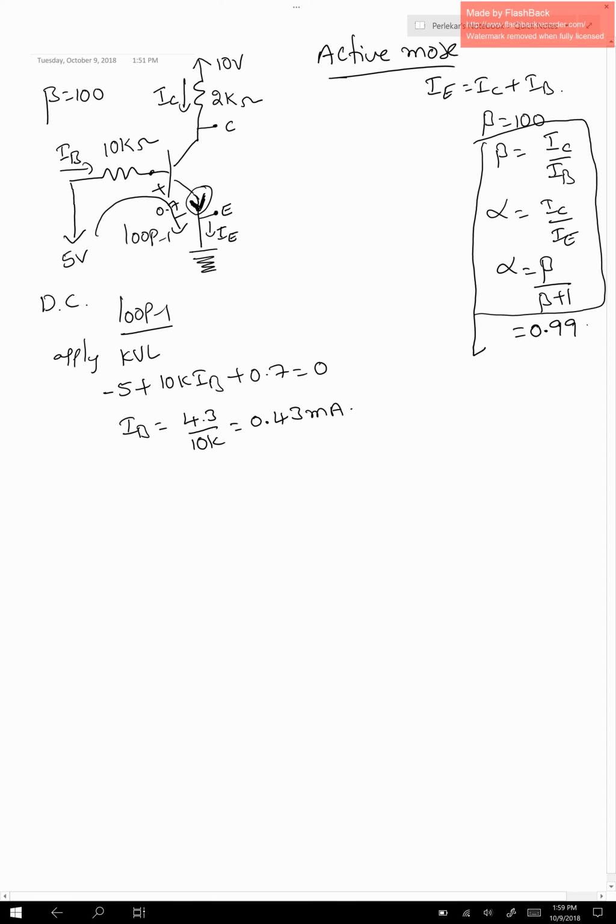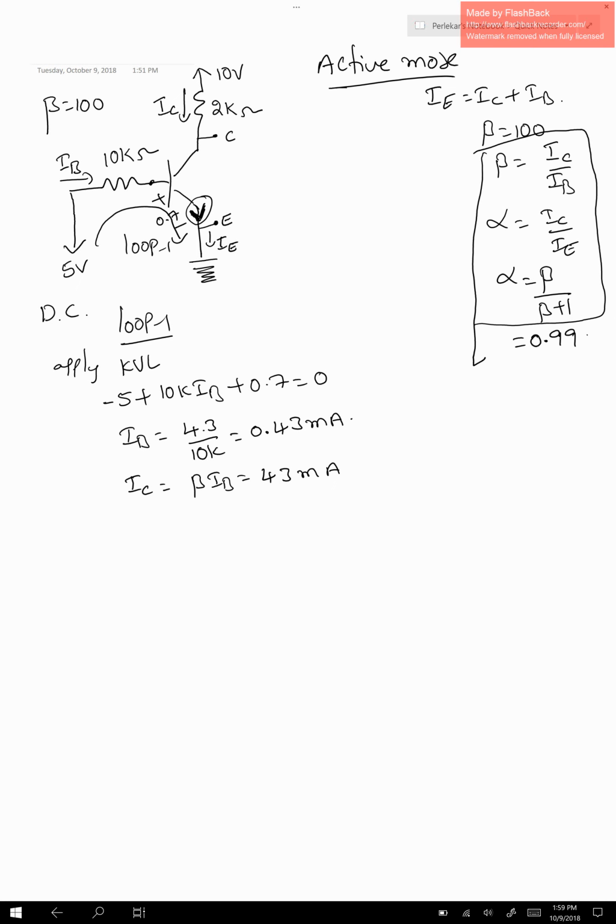Once you know IB, IC must be equal to beta times IB, where beta is 100, so we'll end up with 43 milliampere. And once you know IC, do we need to find IE? Okay, we'll see. Since I know IC, can we find VC? So 10 minus VC must be 2 kilo ohms times IC.